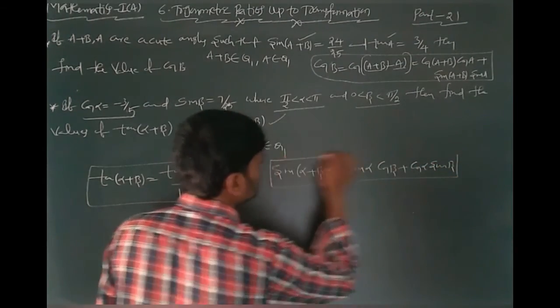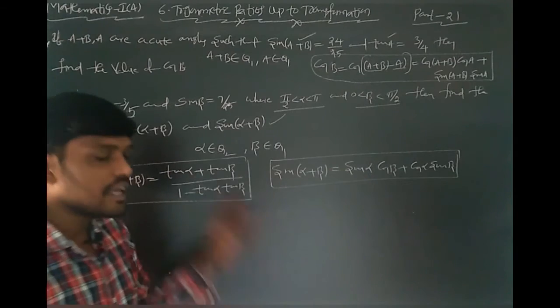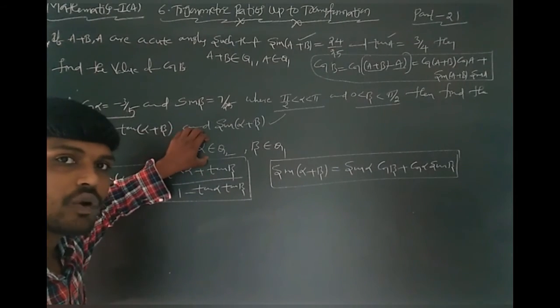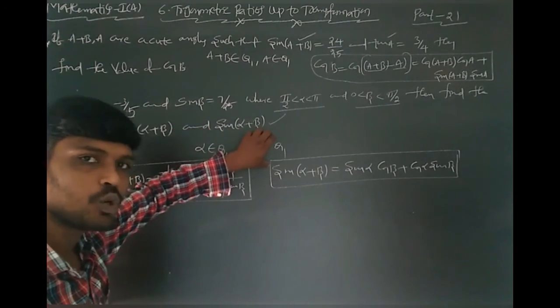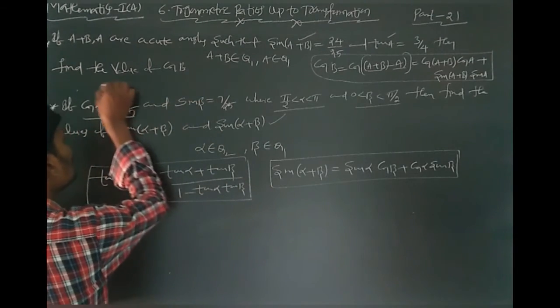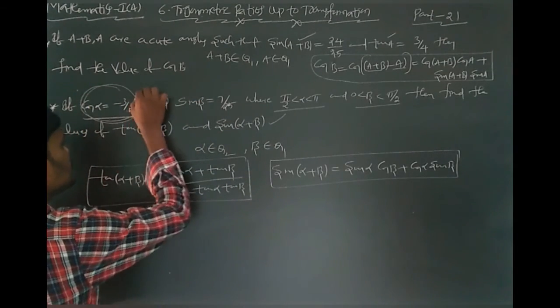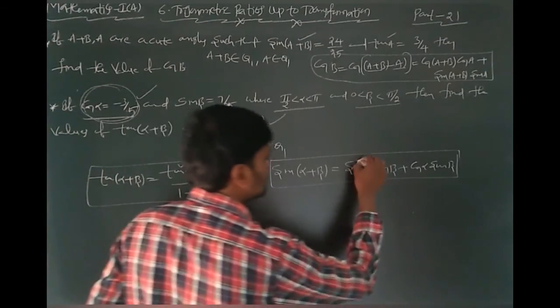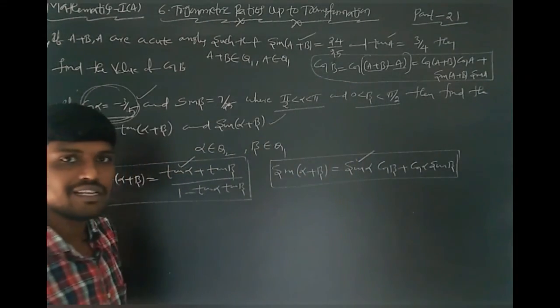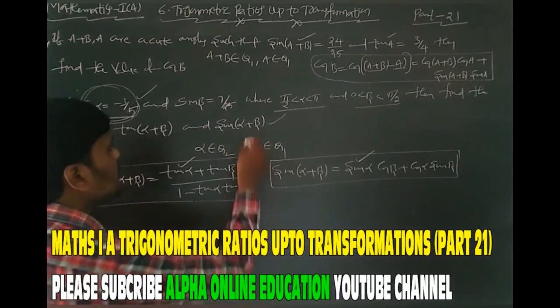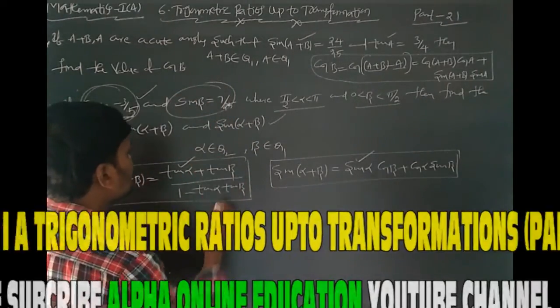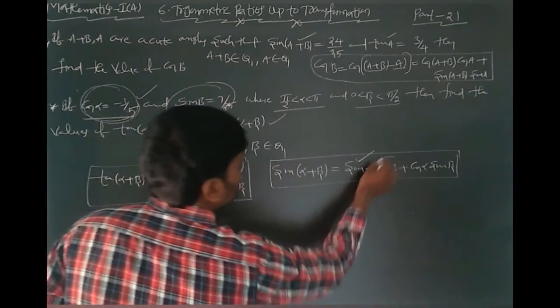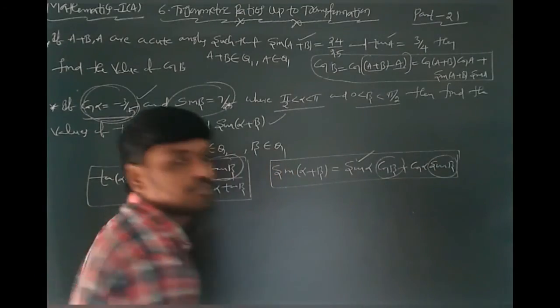Here alpha is in which quadrant? Second. Beta, first quadrant. Using cos alpha, you can find tan alpha and sin alpha. Cos alpha is already there. Similarly, using sin beta, you get tan beta and cos beta.